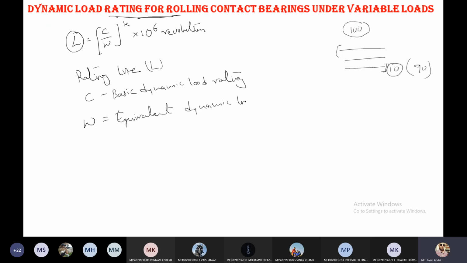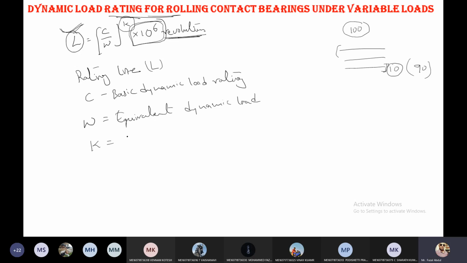Here the revolutions are measured in 10 to the power of 6. The rating life is expressed in terms of revolutions, so that's the reason we multiply with 10 to the power of 6. And here k is a factor, an exponential factor.